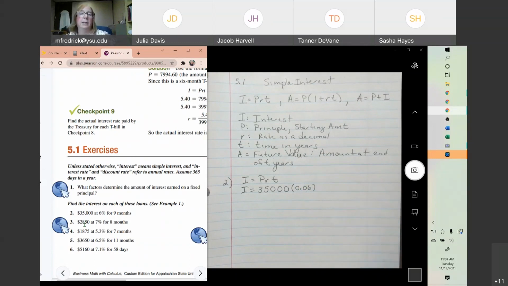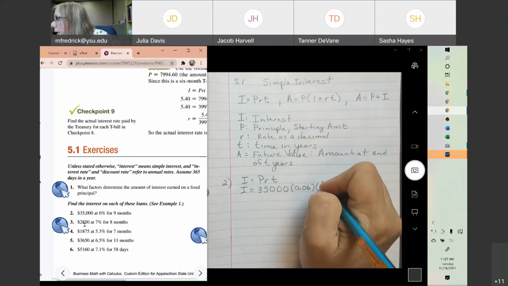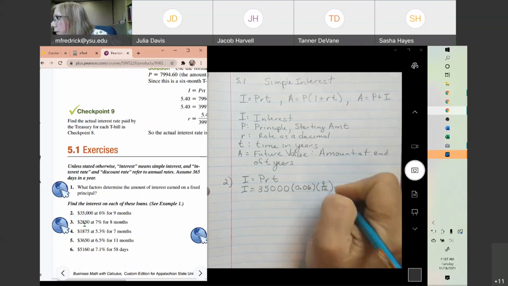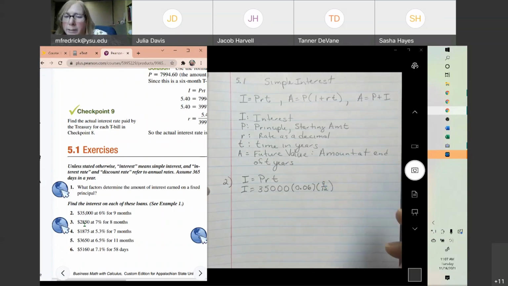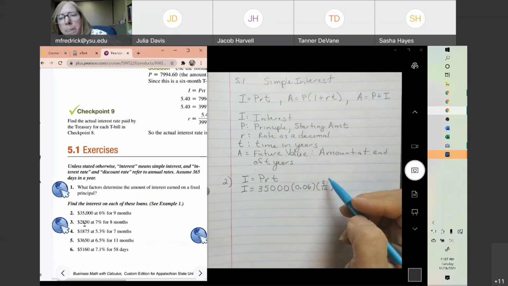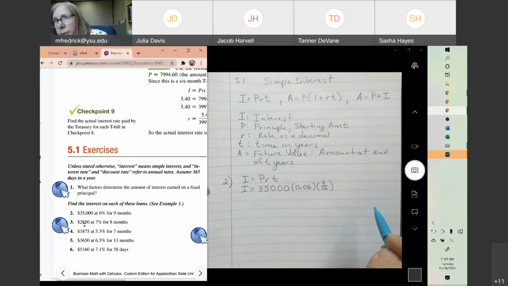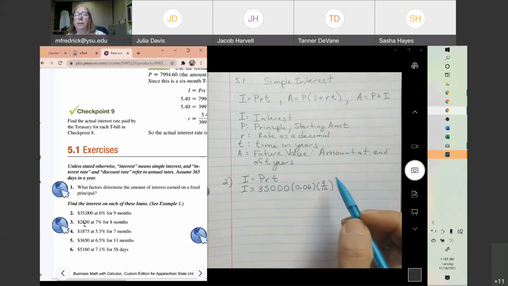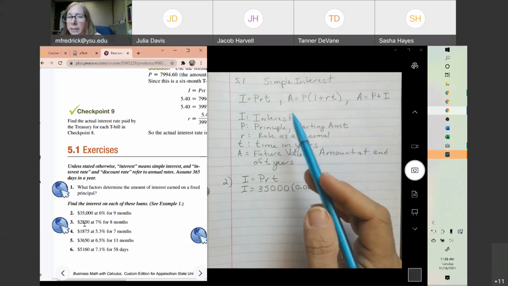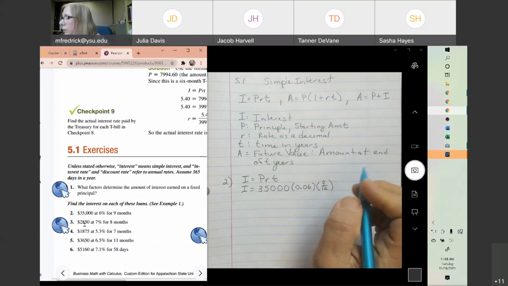And then T is time in years. 9 months is 9/12 of a year. And you don't have to reduce it because we're going to plug it into the calculator. But you have to make sure T is years. You can't change it. Like some things you could say, oh, this one's in months and this one's in days. But for these finance problems, T is always years.